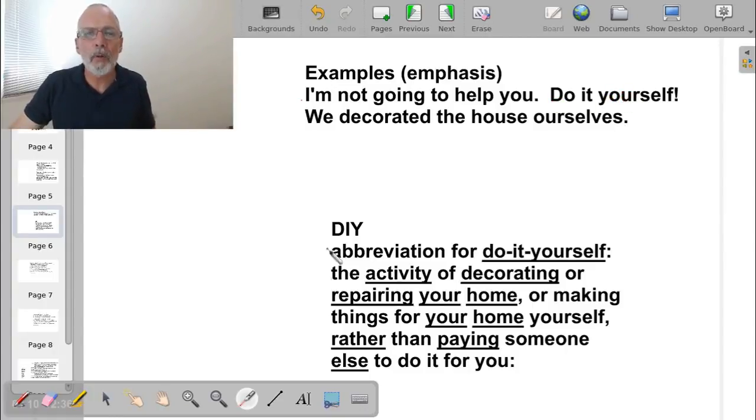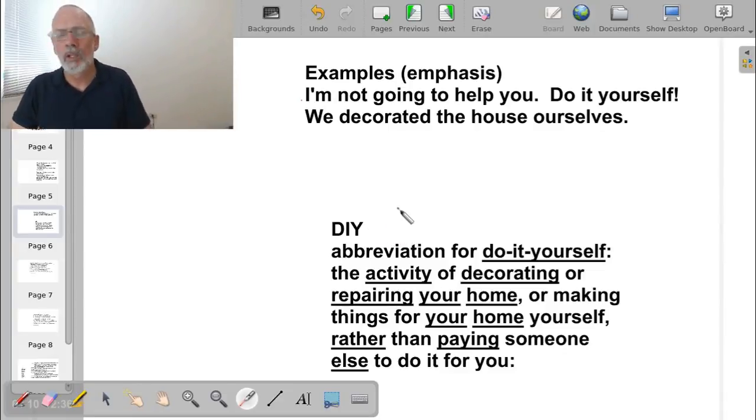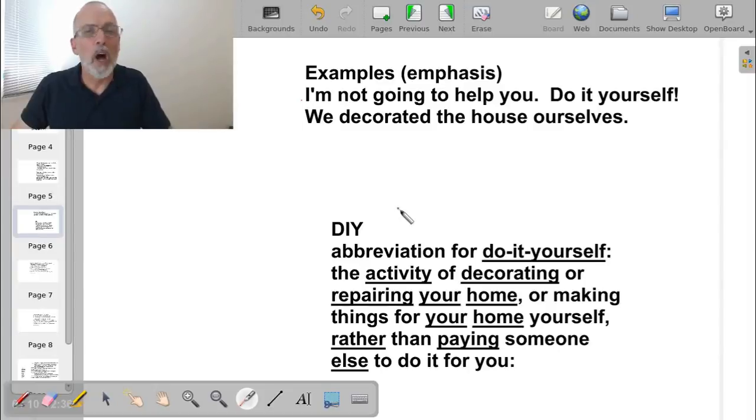And incidentally, I put down here a note, do it yourself in English is often called DIY. In the United States, they have stores like Home Depot or Lowe's that are do-it-yourself stores. This is the dictionary definition.